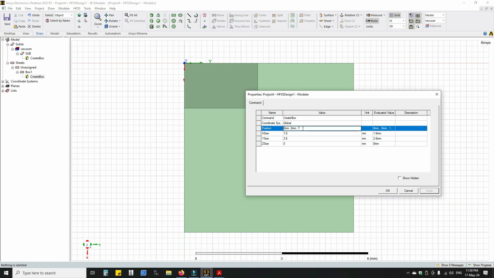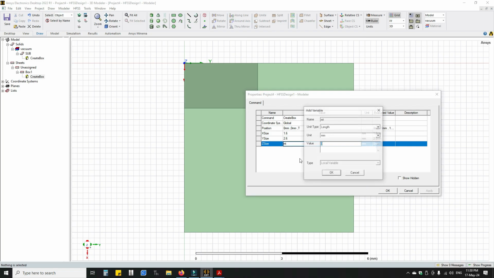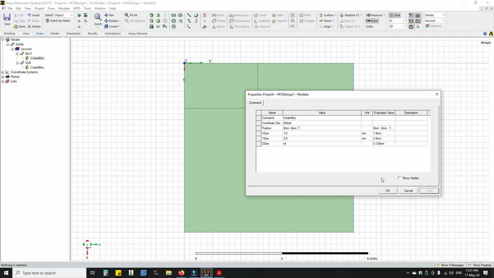Now in the Z direction, I'm going to place the material thickness MT. Let me say it is 0.125 millimeter thickness. You can choose according to your requirement. I placed a minimum thickness. Okay, next.